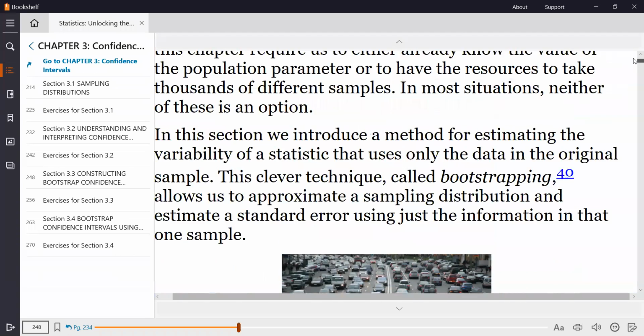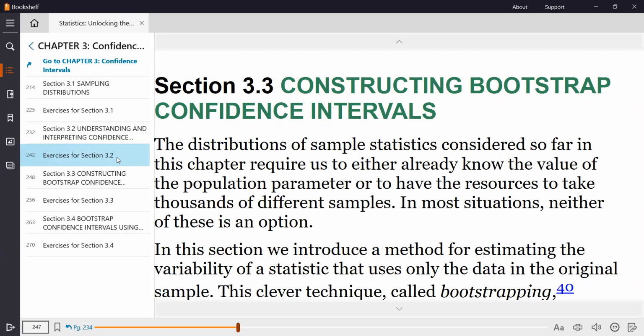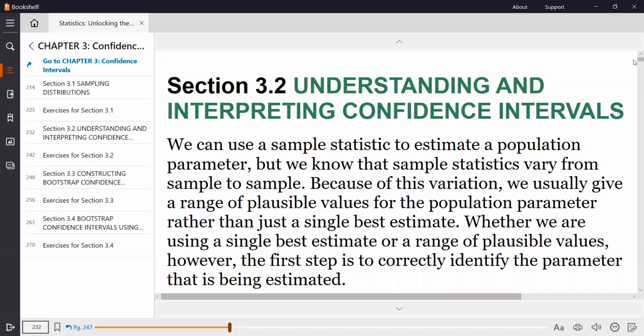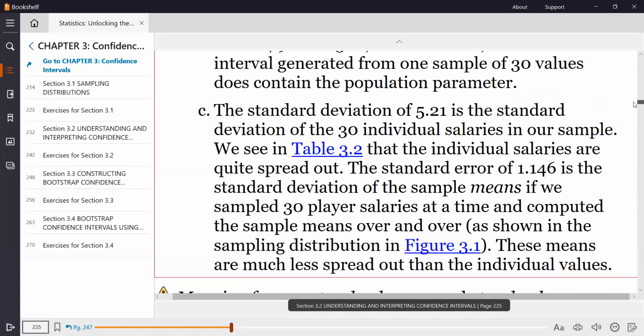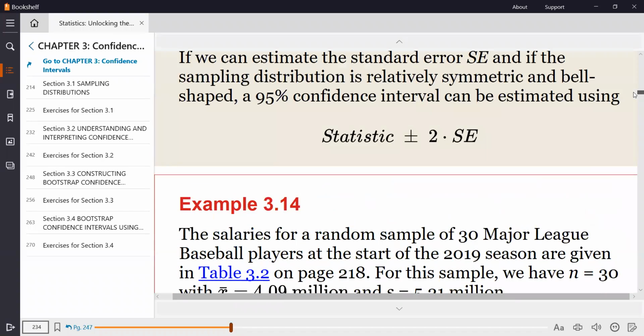I want to use an example of bootstrapping. We're going to do proportions first. Let's go back to what we were just looking at a minute ago and find that last example we were working on.